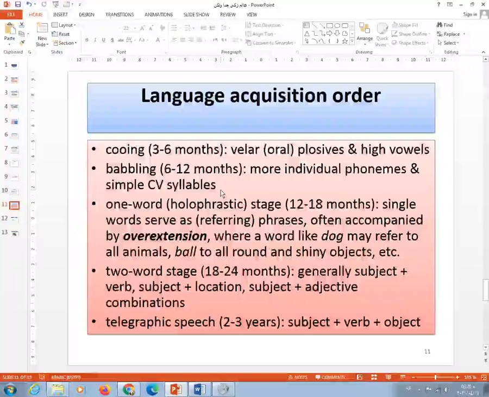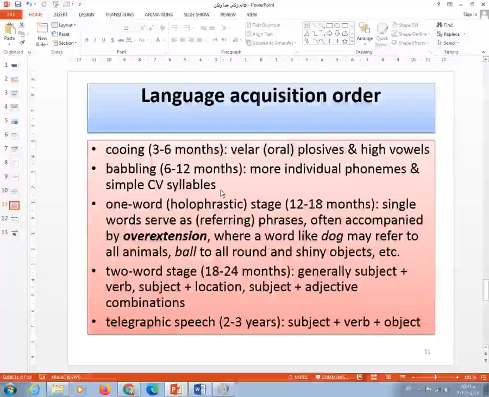When they grow up and try to learn another language, they find this process difficult to acquire the sounds of the other language, because their phonetic categories of the first language become so fixed and so strong that they do not allow the intrusion of other phonetic categories, or the creation of other phonetic categories for the second language or the third language, and so on.